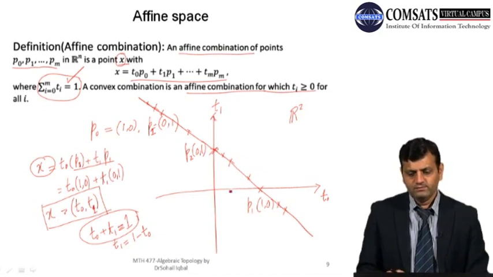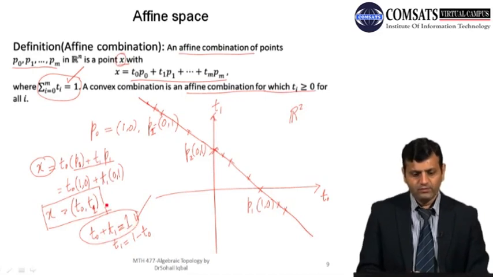Every linear combination of P0 and P1 will give all the points of R2. But in this case, due to the extra condition that T0 plus T1 should be equal to 1, we are getting points which are basically just a line in this R2.